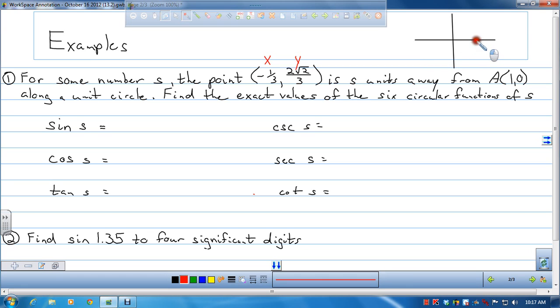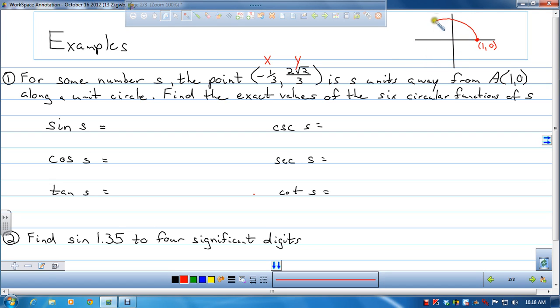We've got some point A right there. That's 1, 0, right? And this is going to run along the unit circle. Okay. To some point -1/3, 2 root 2 over 3.